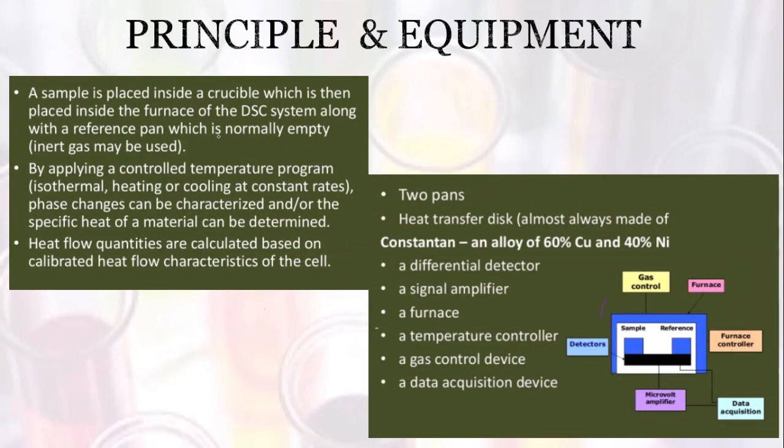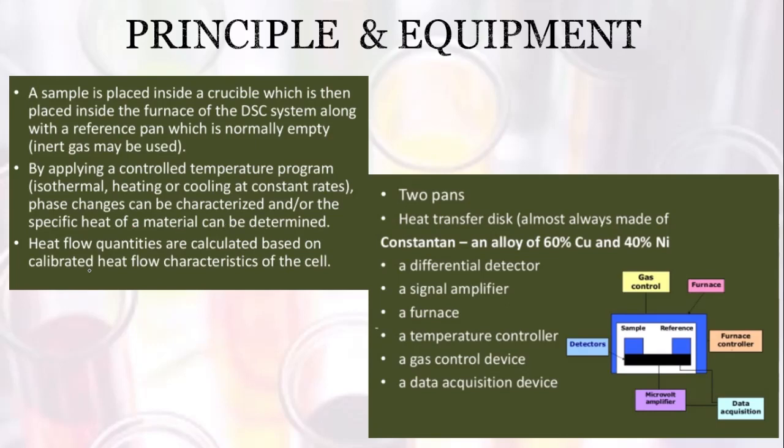The principle of this test is that a sample is placed inside the crucible, which is then placed inside the furnace of a differential scanning calorimetry system alongside the reference pan, which is normally empty. By applying a controlled temperature program, isothermal heating or cooling at constant rates, phase changes can be characterized and the specific heat of a material can be determined.